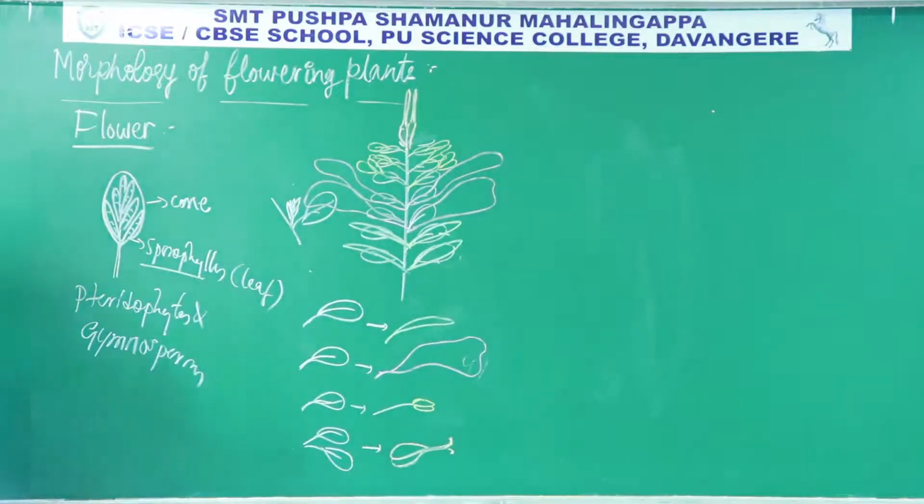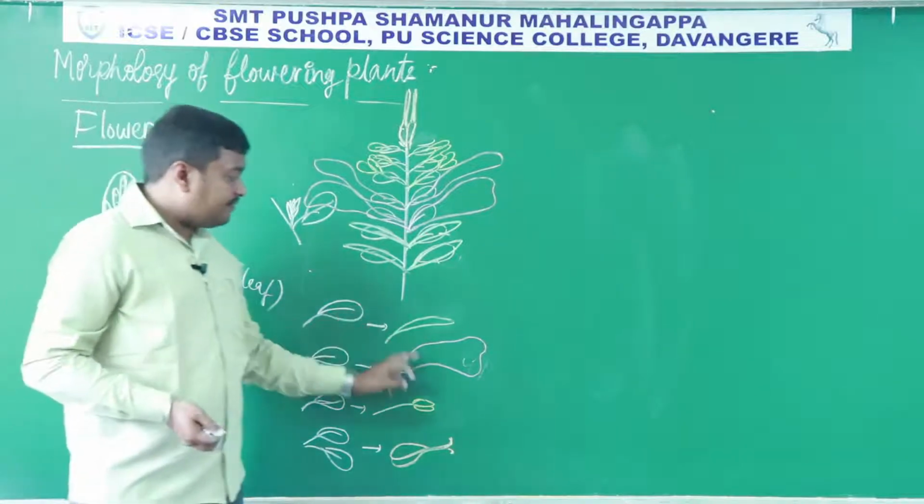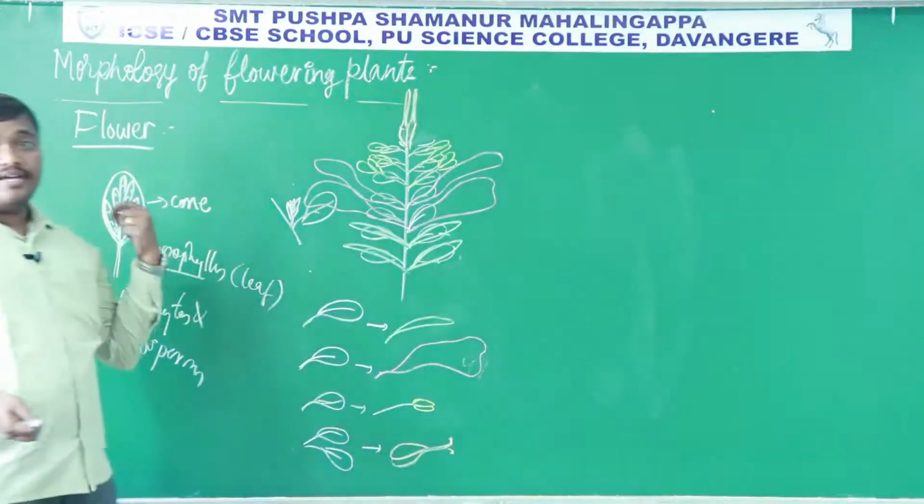Okay, so in this way many leaves are modified into different appendages of a flower.